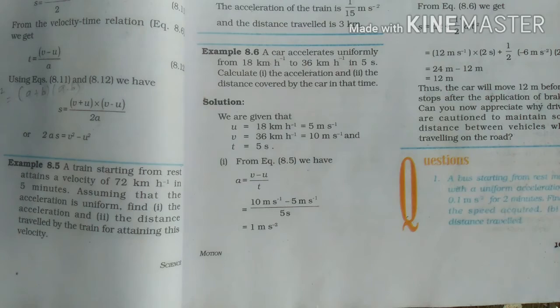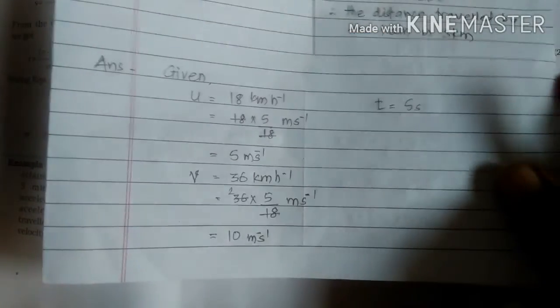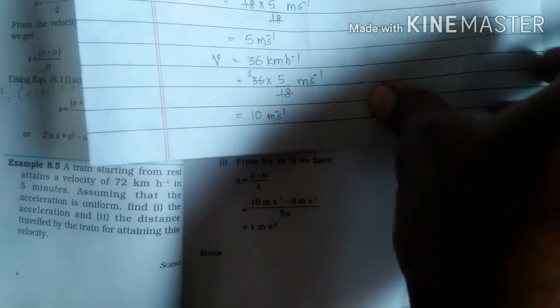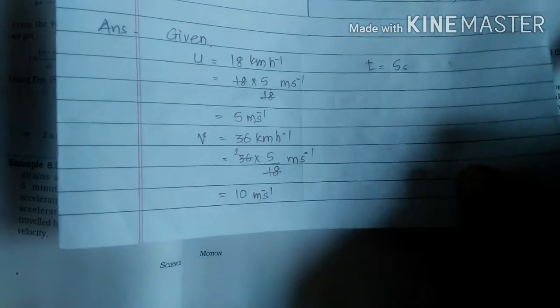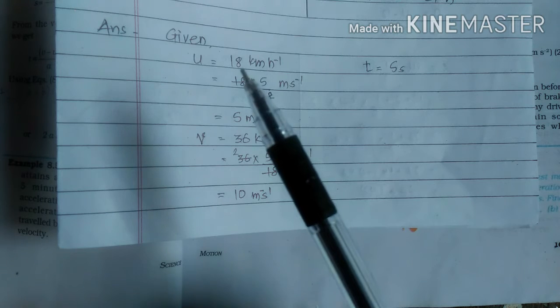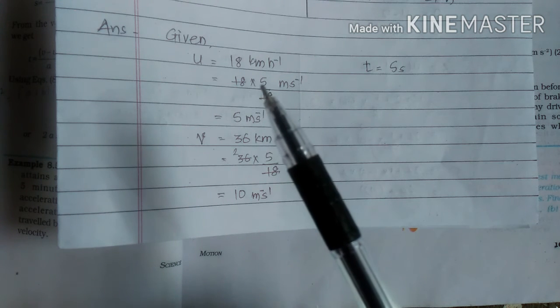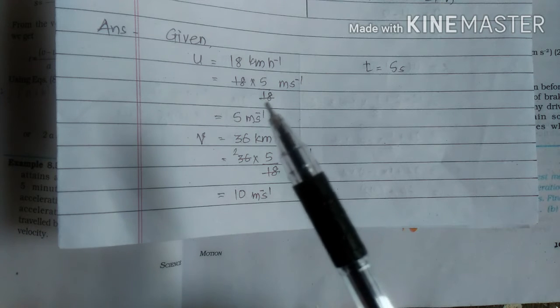Now for that, see here, given: u is equal to 18 km per hour. When we convert into meters per second, we have to multiply by 5 upon 18, as I told you in the previous question.